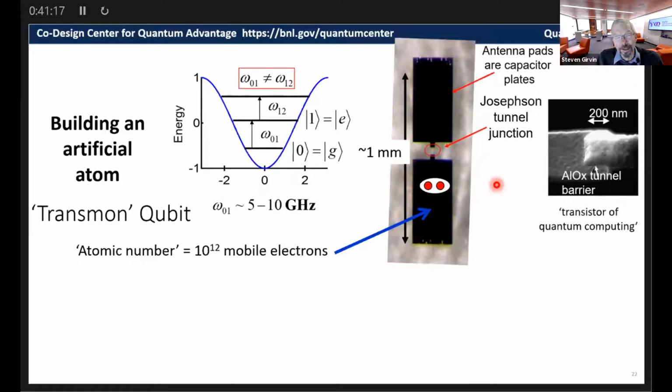And the excitations of this atom, remember, this is superconducting. The electrons travel together in pairs without any electrical resistance, and they form one giant quantum state, and they slosh back and forth through the tunnel junction.